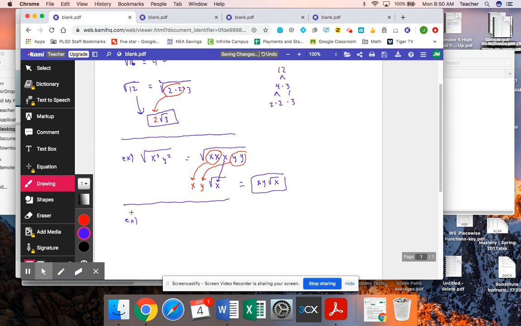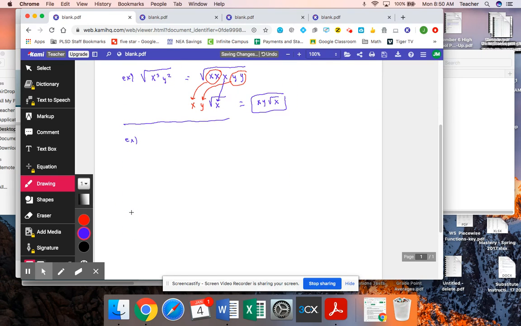All right, let me try another example here. What about the square root of 16x to the third? Well, I can rewrite 16 in prime factors. Now I can break it all the way down, but I know it's 4 times 4. And then I can write the x's, x times x times x.